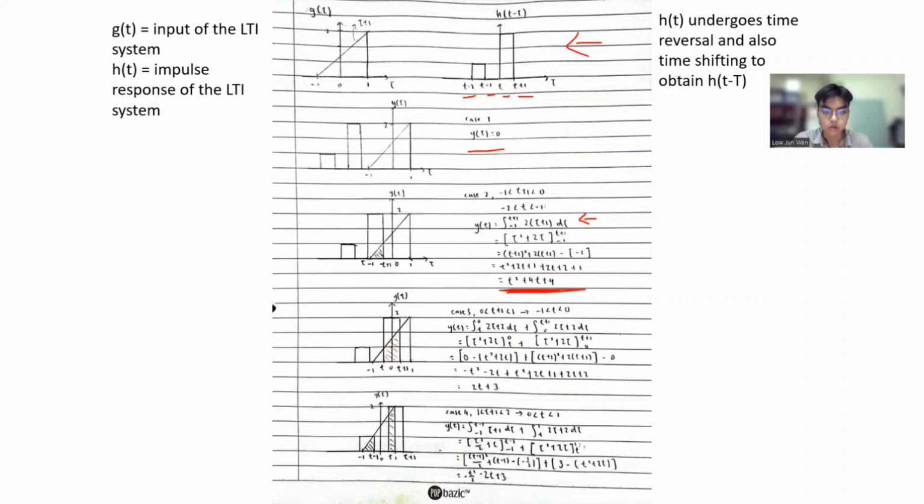Hence, we undergo two integrations where the limits are from t to 0 and also 0 to t plus 1 to obtain this result. For the fourth case, where t plus 1 is between 1 and 2, we get two overlaps, from the first rectangular block and the second rectangular block, to obtain this result.